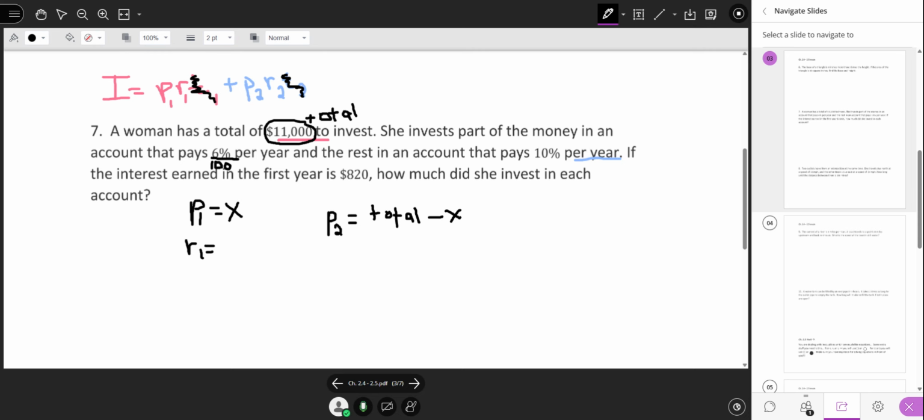So when I take 6 divided by 100, that gives me 0.06. 10% divided by 100, as a decimal gives me 0.1. Now, this is I.